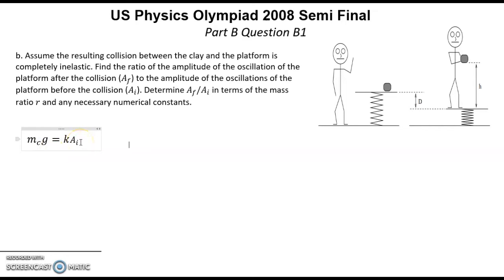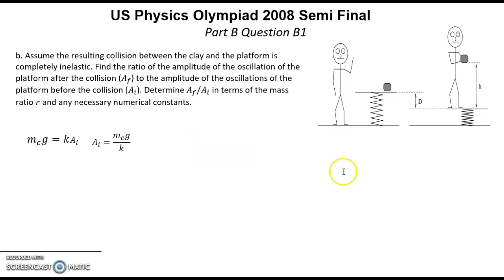So it means that it must be equal to k multiplied by AI, where AI is the amplitude for this oscillation, because it oscillates between the lowest point and the point of equilibrium, which is higher by this distance AI. So from here we can find AI.